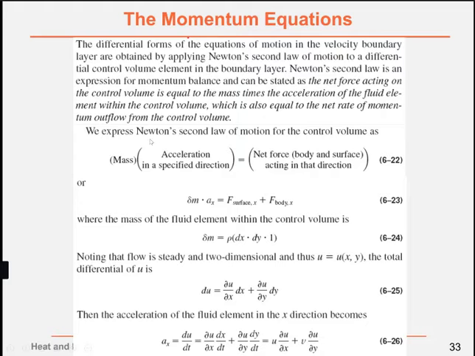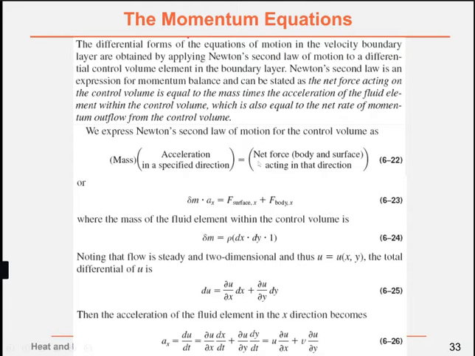What law should you use to get this momentum equation? We use Newton's second law of motion for the control volume, that is m multiplied by a equals F. M means mass, and a means acceleration in a specified direction.